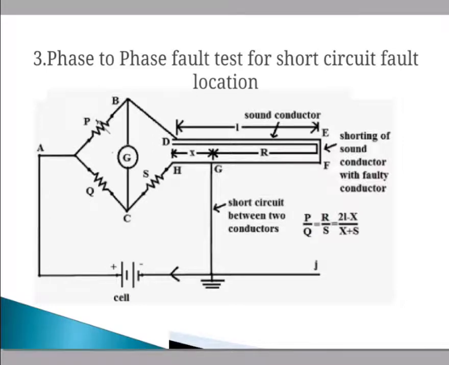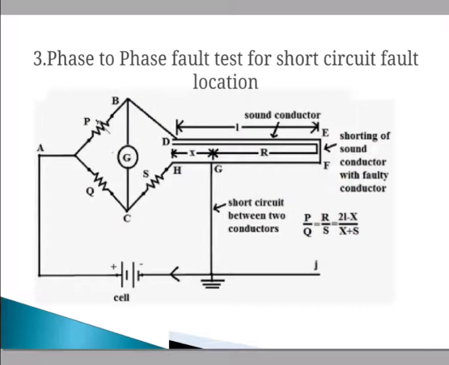By varying the resistance P, we can balance the bridge. When the bridge is balanced, the galvanometer shows a 0 reading. Then we get the value of the short circuit fault point from the test point.